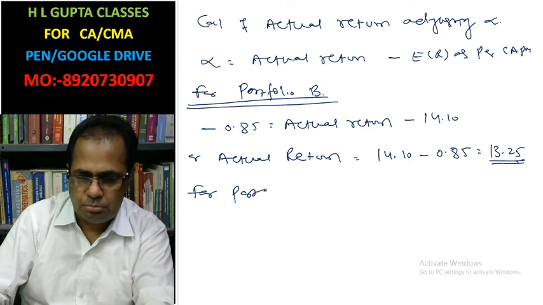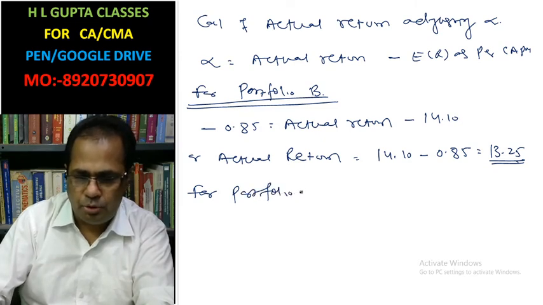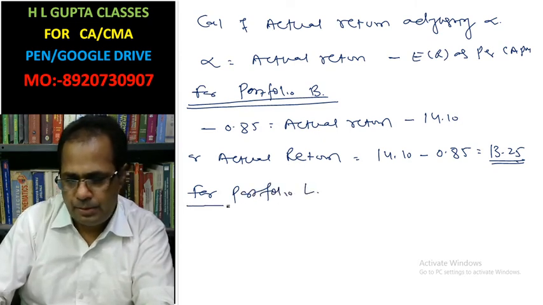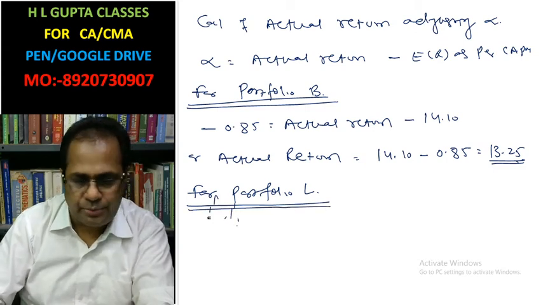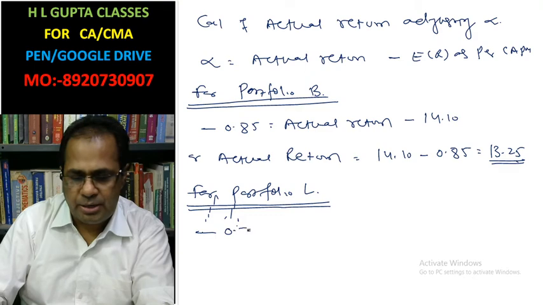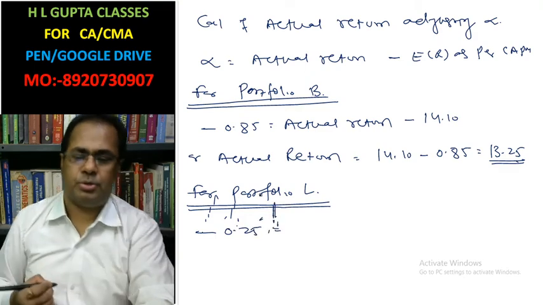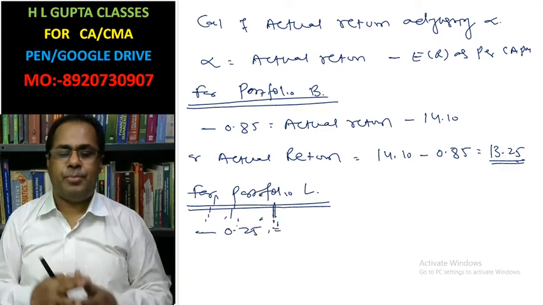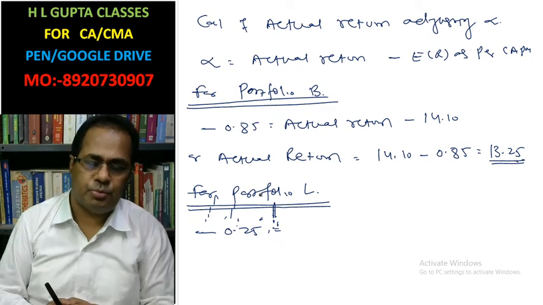Now for portfolio L, alpha is calculated as minus 0.25.